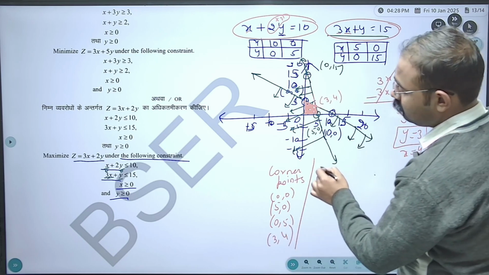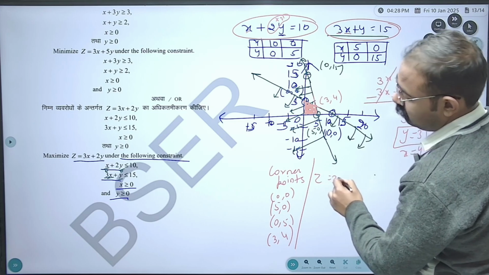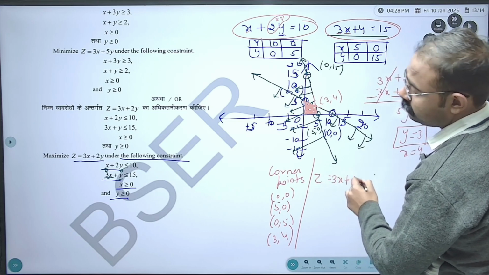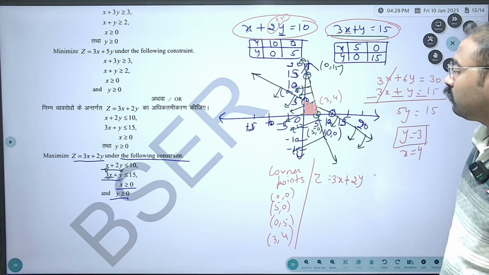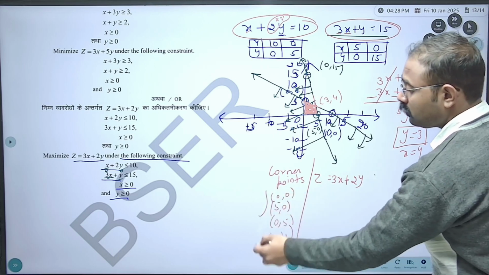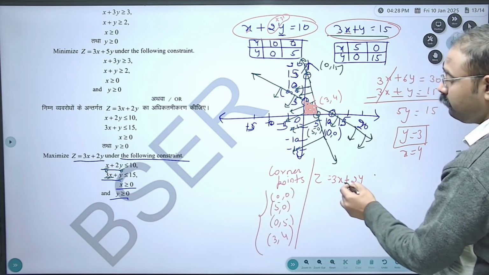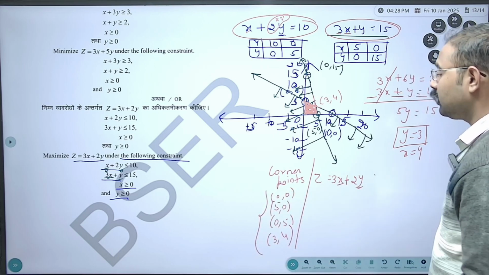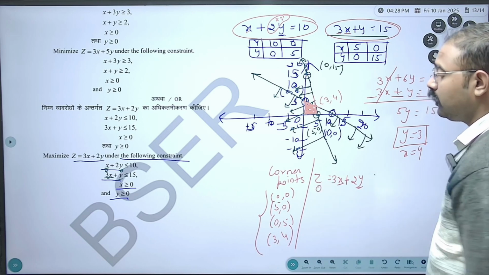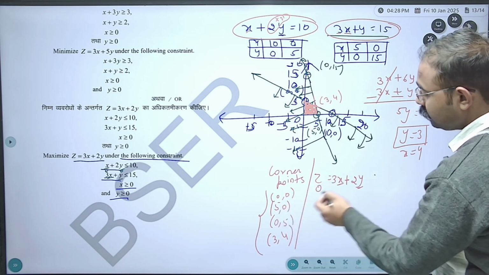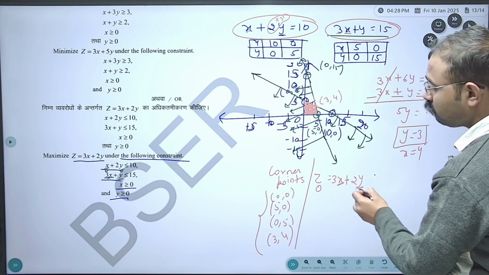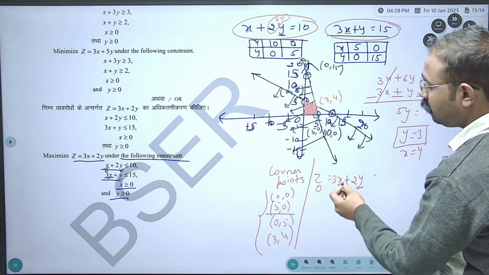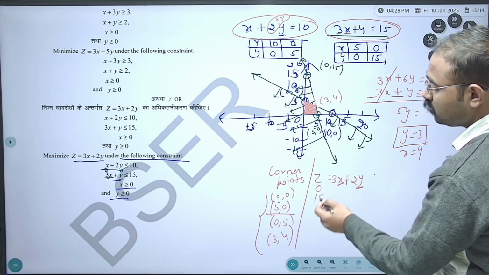And here our objective function z equals 3x plus 2y. Find out the value of this objective function at all these corner points. First, when we put 0, 0 at the place of x and y, the value of z will be 0. At the place of x we put 5, and at the place of y 0 for this point, then 3 times 5 is 15 plus 0, 15.